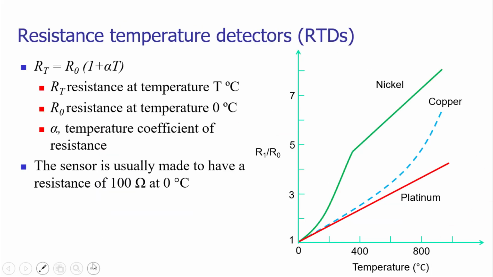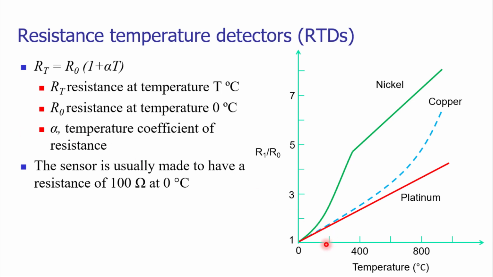The next temperature measurement sensor is the resistance temperature detector. It is very popular and is called RTDs. The principle is very simple. There are certain materials whose resistance will increase with the application of heat energy.